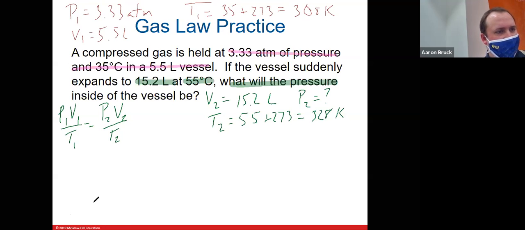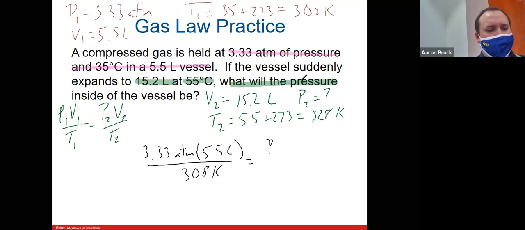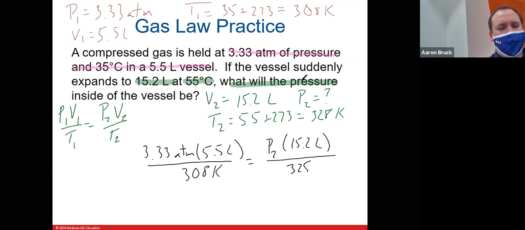Using everything that I have: P1, 3.33 atmospheres, V1 5.5 liters, T1 308 Kelvin, P2 is unknown, V2 is 15.2 liters, T2 is 328 Kelvin.